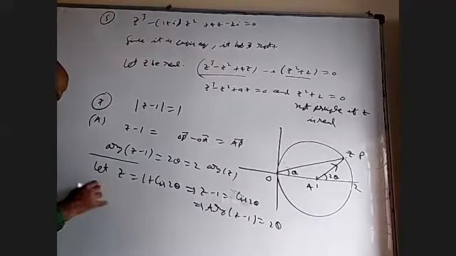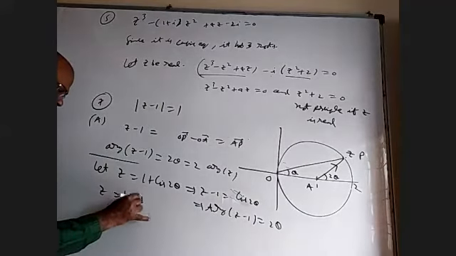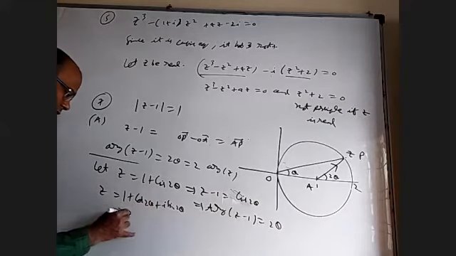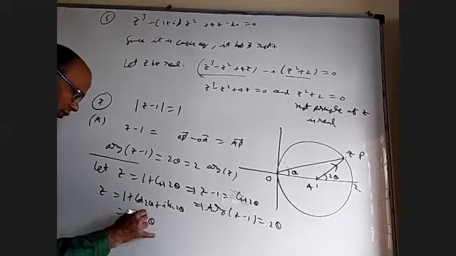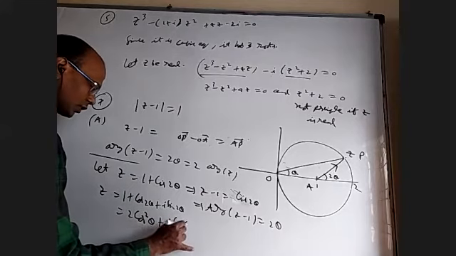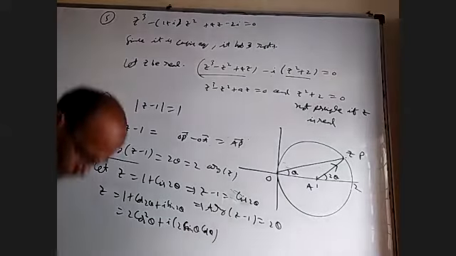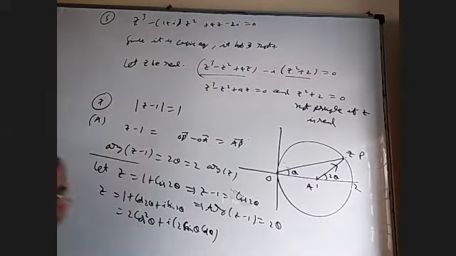But how to simplify z? 1 plus cos 2 theta plus i sin 2 theta. This I can write as 2 cos square theta, 1 plus cos 2 theta, and sin 2 theta as 2 sin theta cos theta. And I can take 2 cos theta common. I will get cos theta plus i sin theta.